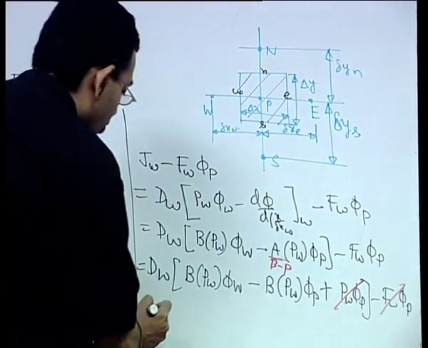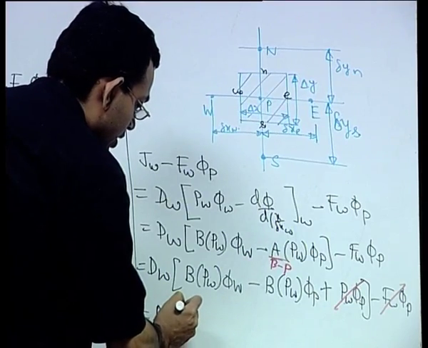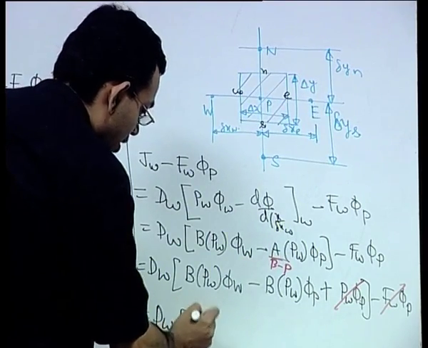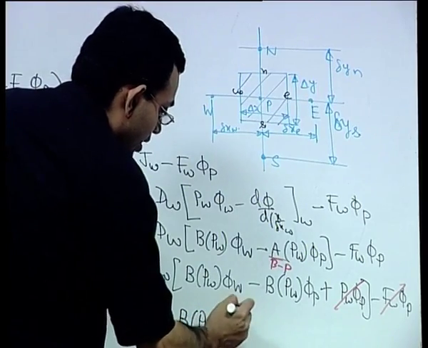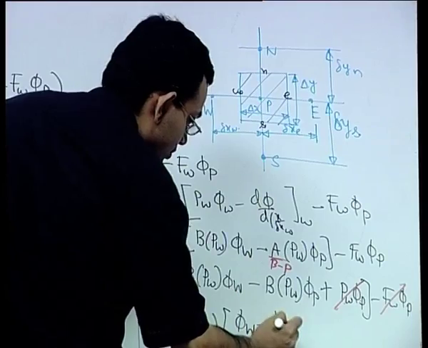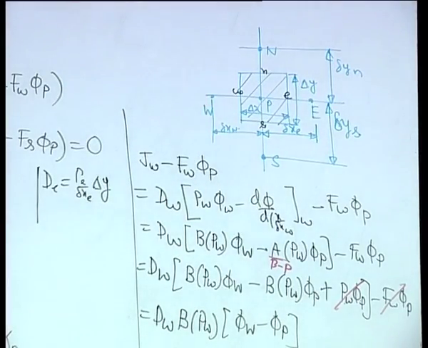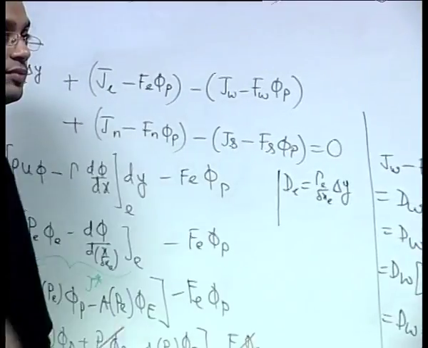So you are left with dW into B Pw into phi w minus phi p. It is straightforward to find the remaining two terms which are exactly similar to these two terms.